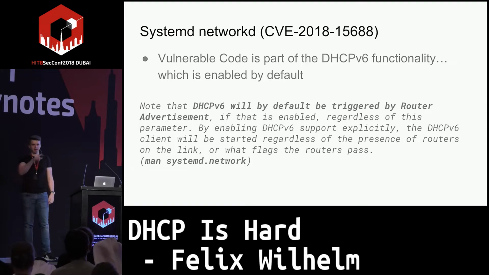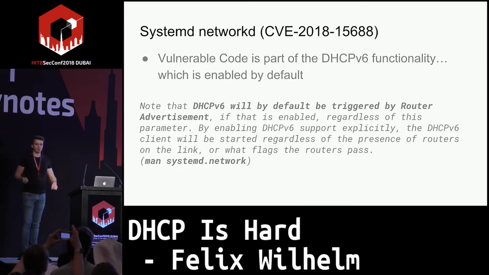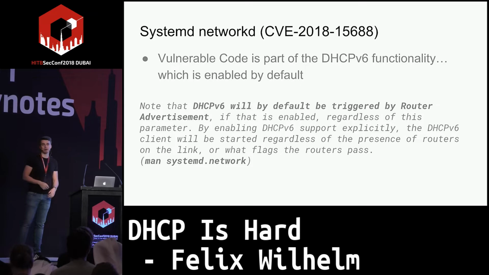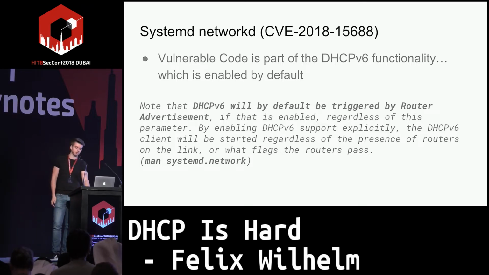So you can say, hey, I only want to support DHCP version 4 on this network interface, but if systemd sees a router advertisement packet that looks like it requires DHCP version 6, it will happily enable the DHCP version 6 functionality and go with it, overwriting the setting you enabled in your configuration file.